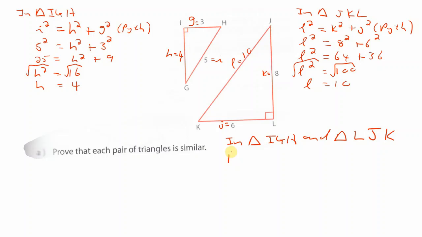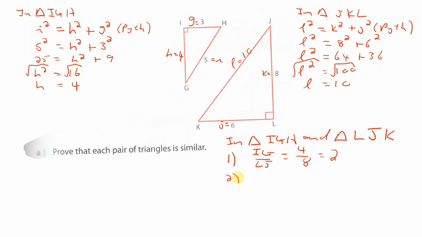So now we are ready for the body, now that the introduction is done. So firstly, we can compare IG as a ratio to LJ. So IG as a ratio to LJ equals, so IG is equal to 4, LJ is 8, so it's 1 over 2.